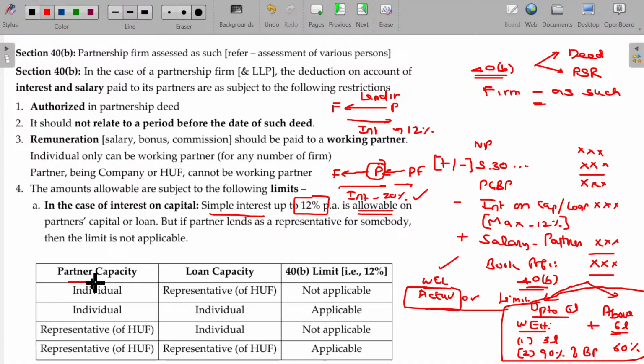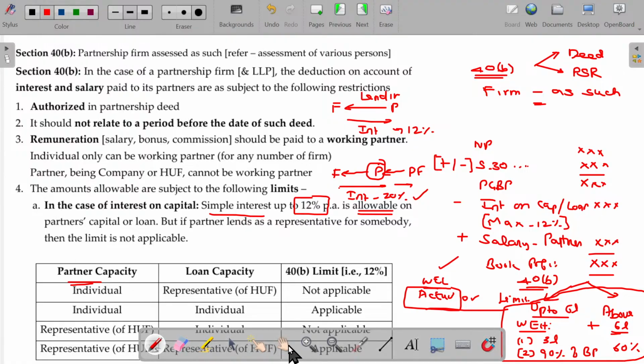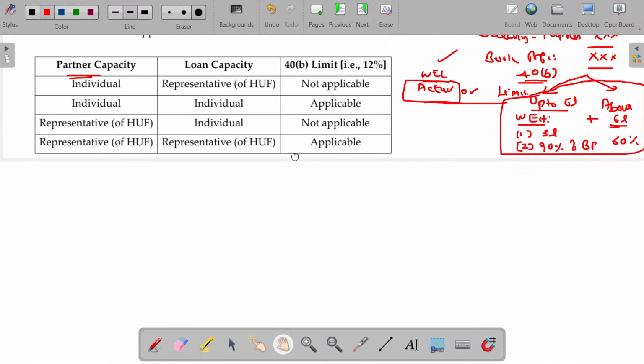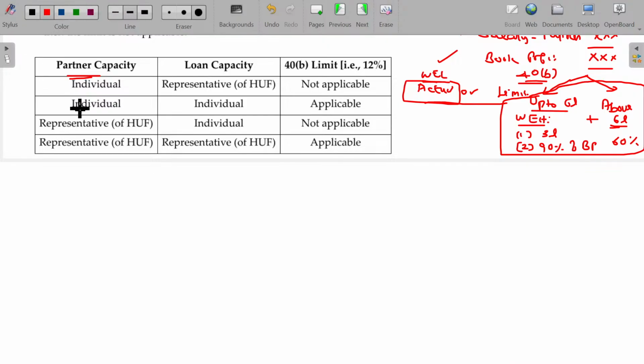To make you understand, here is the concept. Okay, partner's capacity, this one let me explain. Partnership firm and A, A being the individual.